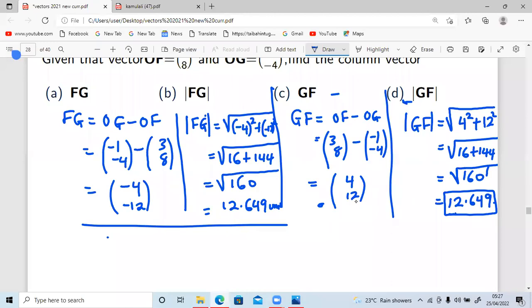But if at all you have simplified it to 12.649, this one is easy for someone to understand. Just imagine you are going somewhere and someone tells you the distance you are remaining with is root of 150. It will become a bit hard for you to understand unless you need a calculator. So that's why we always encourage you to simplify it further. Hope it is fine.